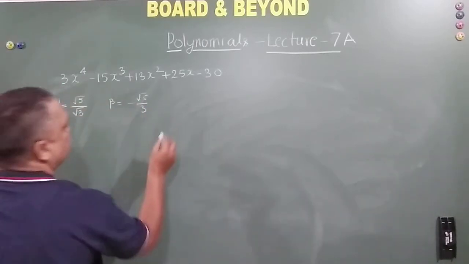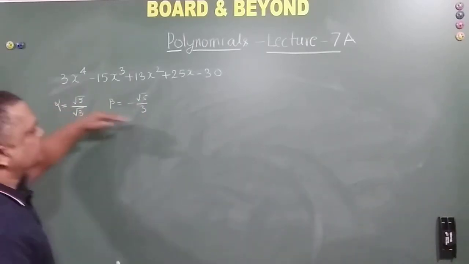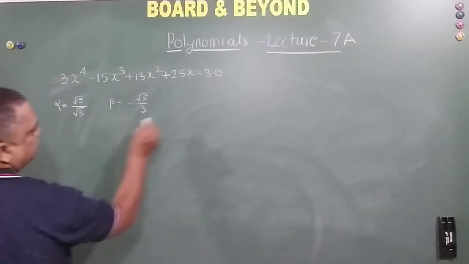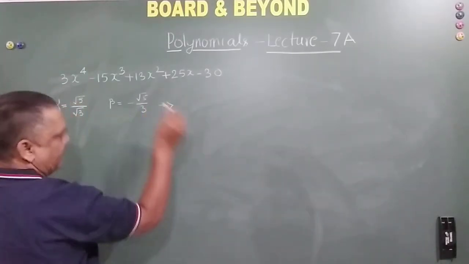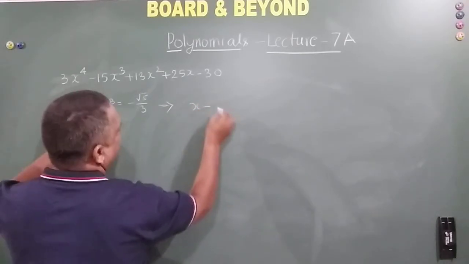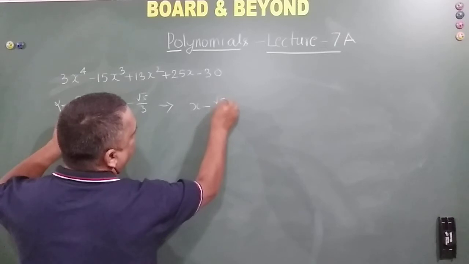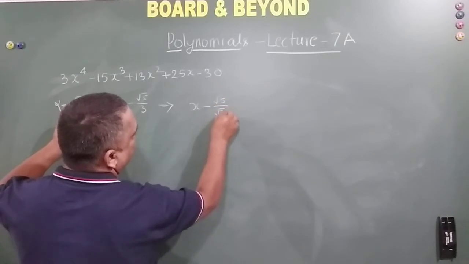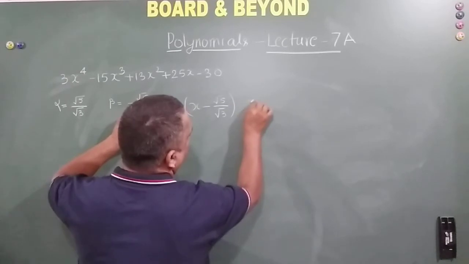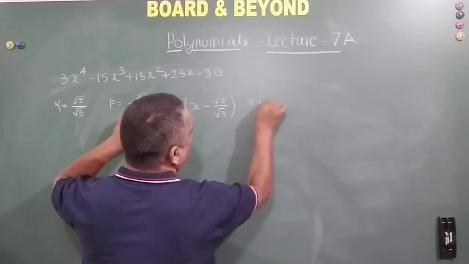So this and this are the two factors, which implies that x minus root 5 by root 3 and x plus root 5 by root 3.